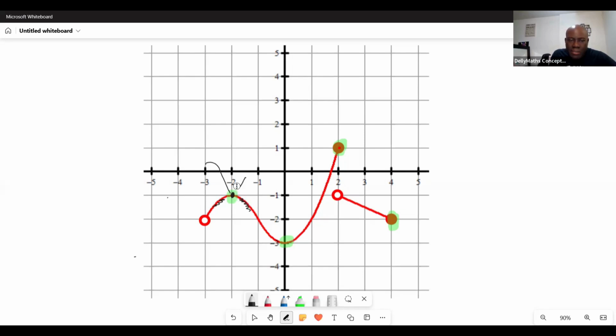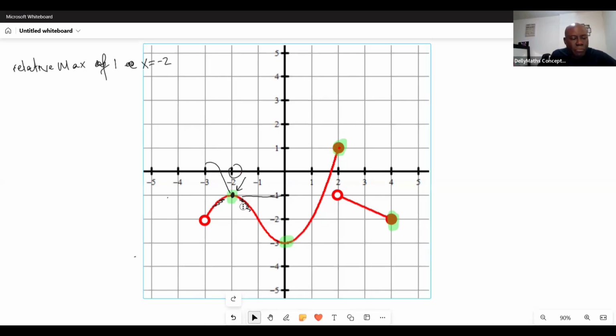So at this point, we have a relative max of 1, and we're having it at x equal to -2. It's not the highest point, obviously, because we're seeing where the highest point would have been, and that is why it's relative. We look at the things that are surrounding it.